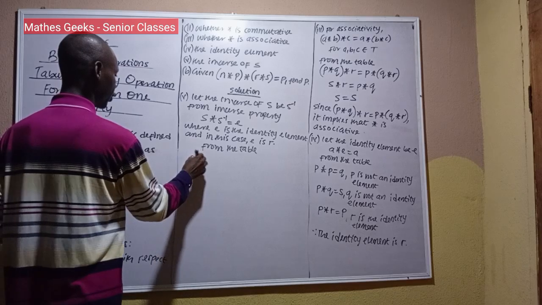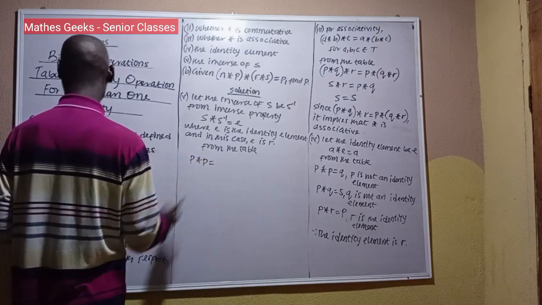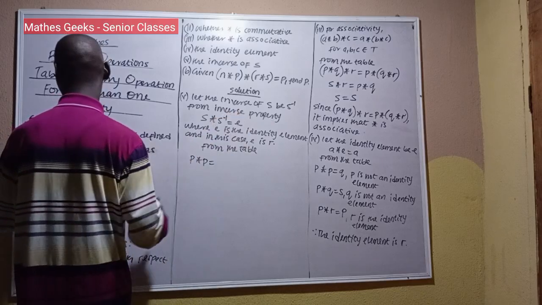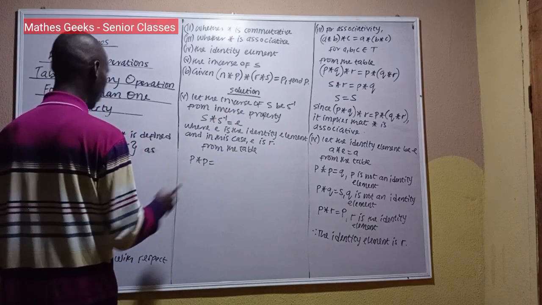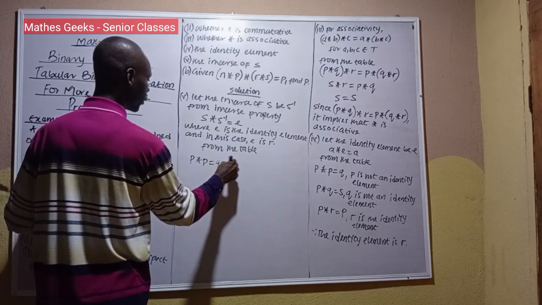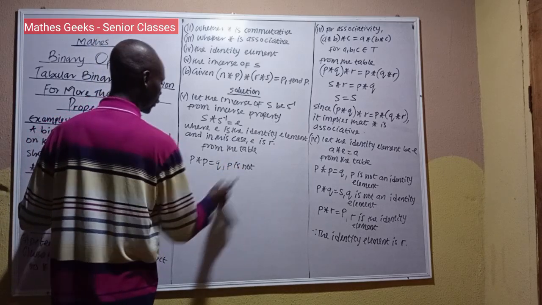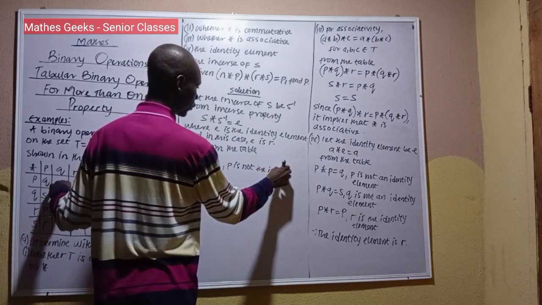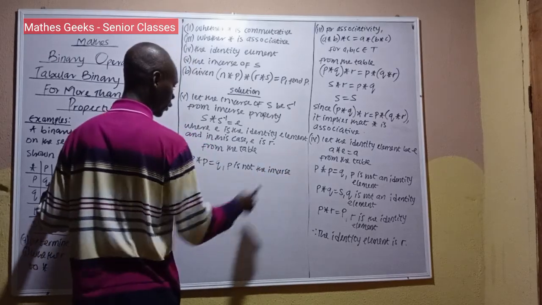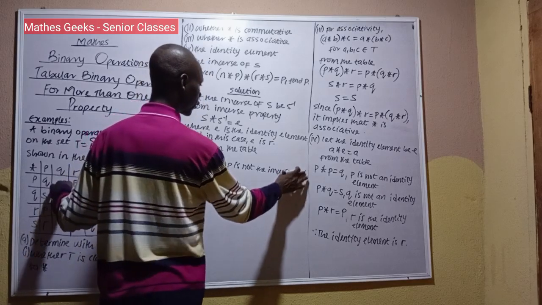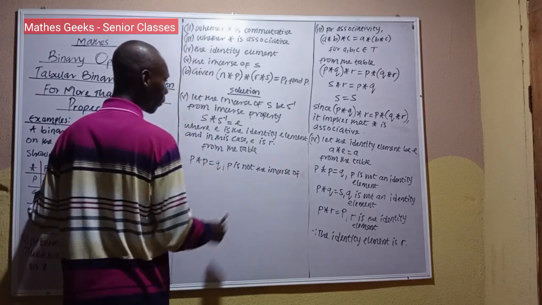P operation P. We want to get the identity. If we don't get it, that means it's not the inverse. P operation P is Q, it's not R. So P is not the inverse of S.